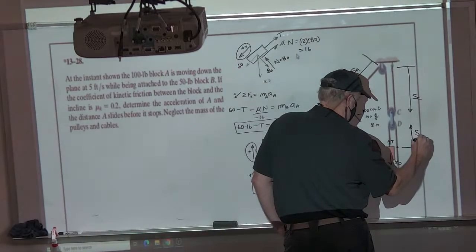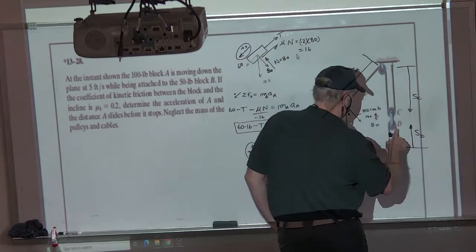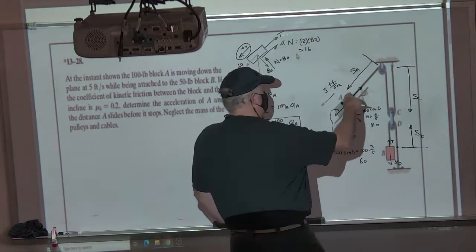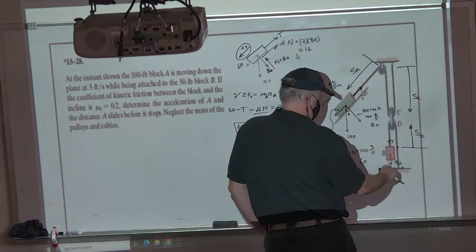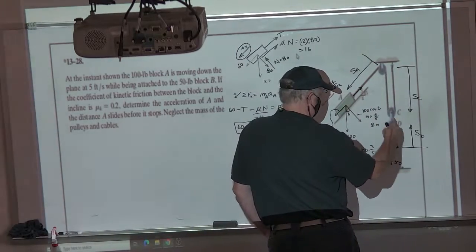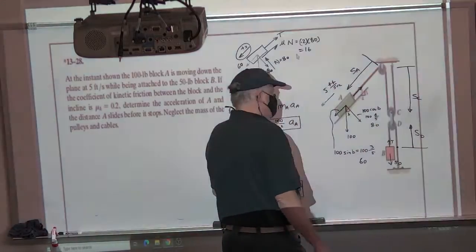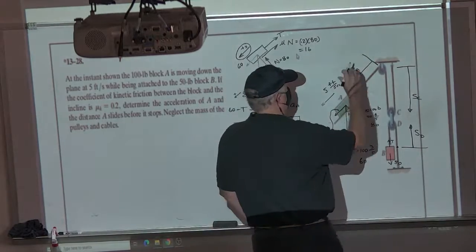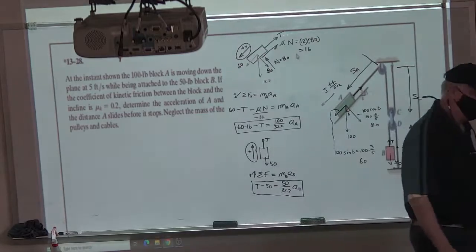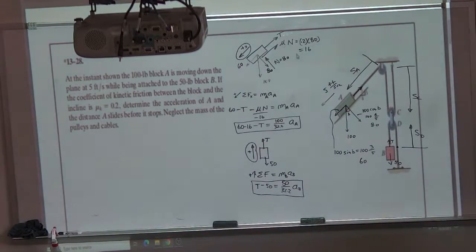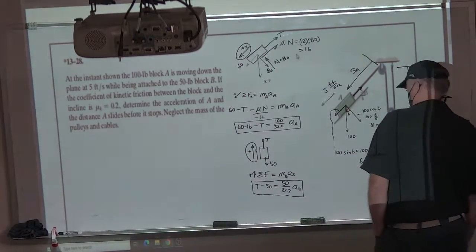S of D to D. Now, I got two ropes. I got this one, and then I got that one. So let me look, I have a tiny amount of space here. I believe I can work in that space. Yeah, it's visible on the camera.